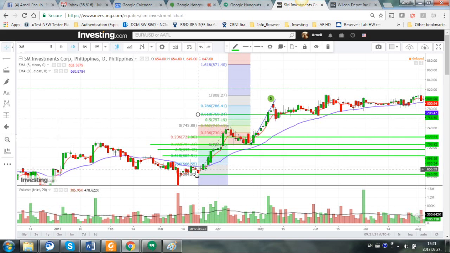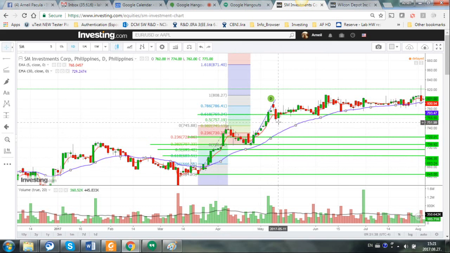So kung nabili mo siya dito, kung titingnan mo, balik tayo sa moving average, and this is our target price, is it really a selling price or a selling signal? The answer is no, kasi the red did not intersect with the blue. Get?